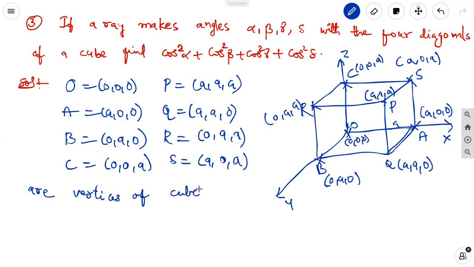Next, the diagonals. Concentrate on the diagonals. This is the back side of the face, the back side of the plane. This is the front side of the plane.